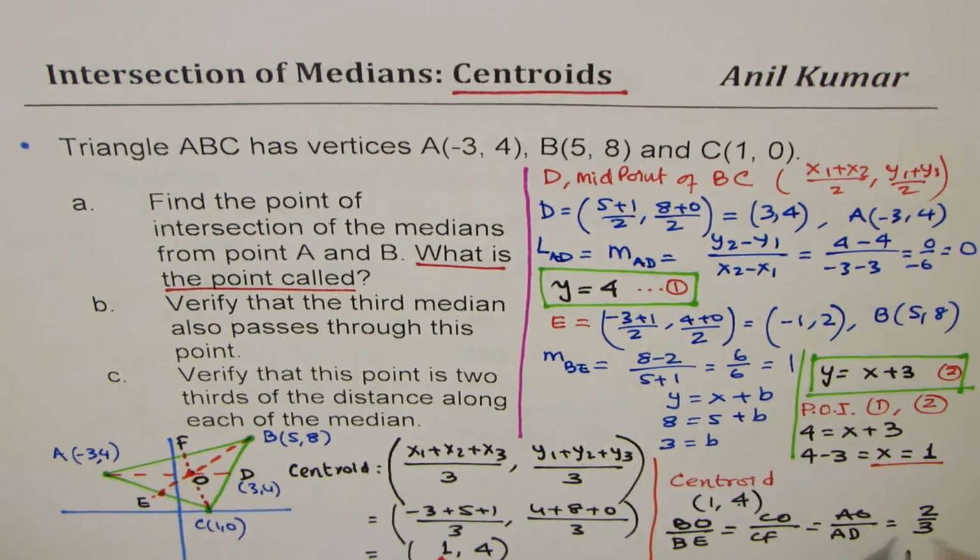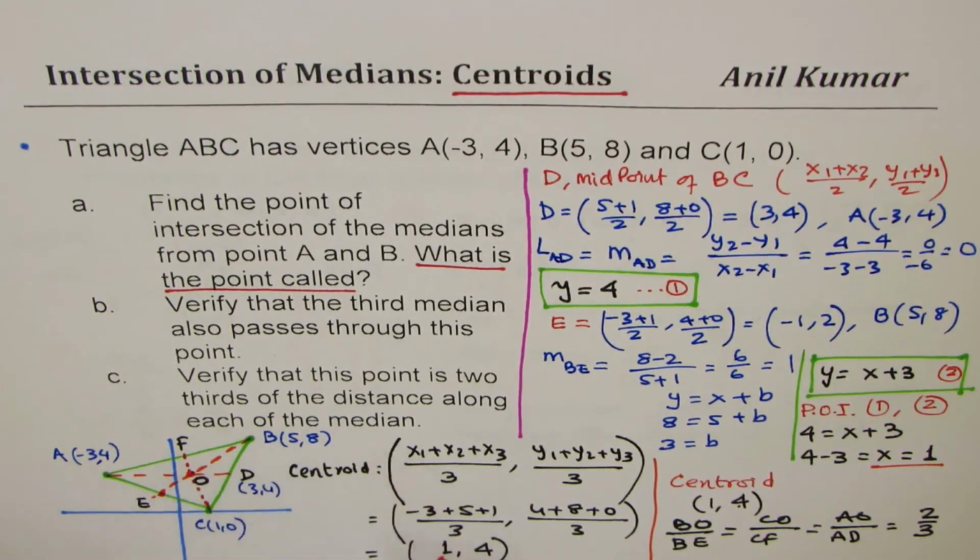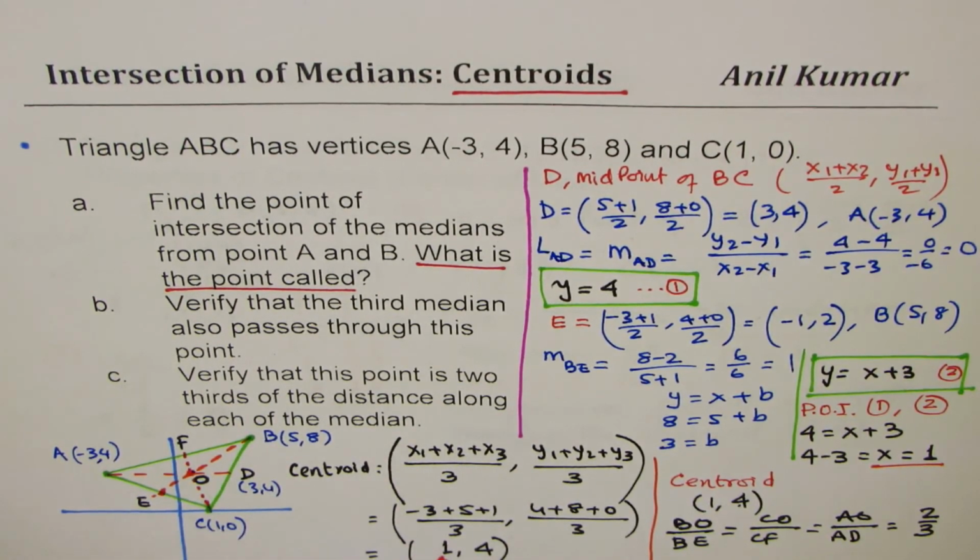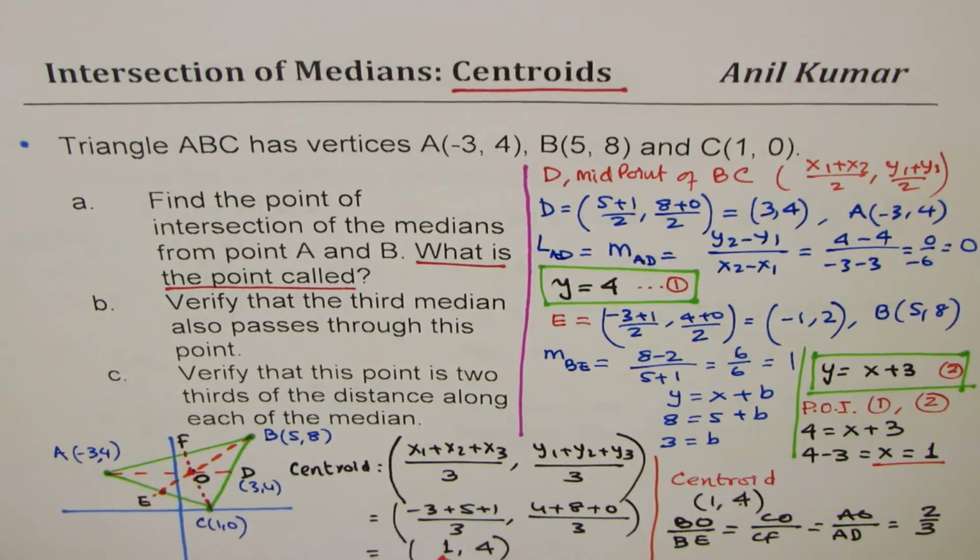Correct? So that is what you'll verify by finding the distance, and that's part C. So I hope with this you understand that the centroid is a point where all the medians intersect, and the centroid divides the median in the ratio of 2:3 as shown here.